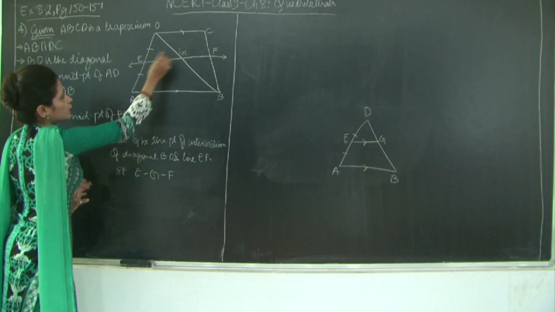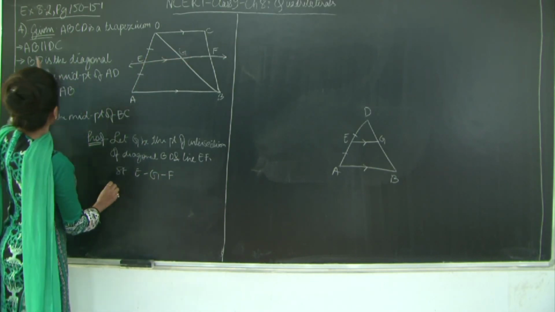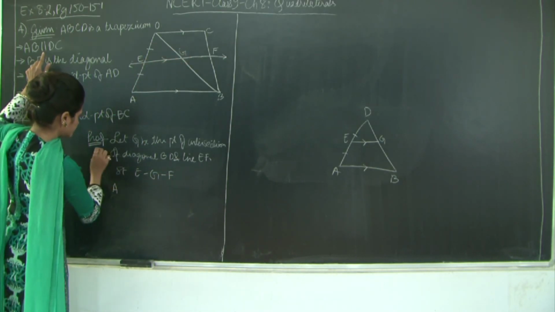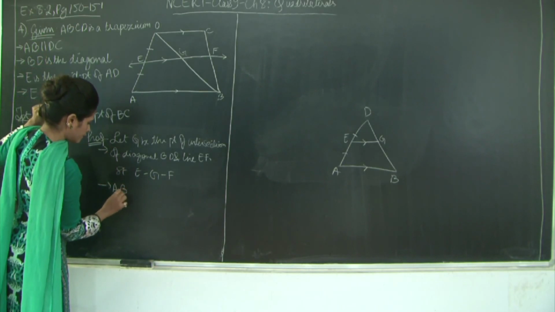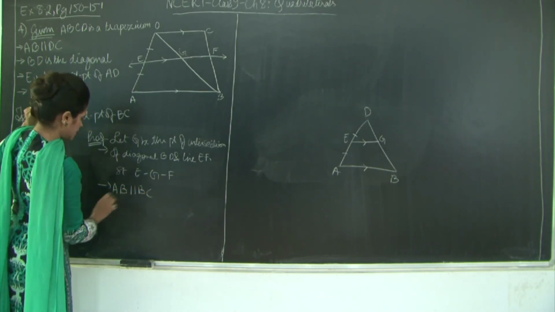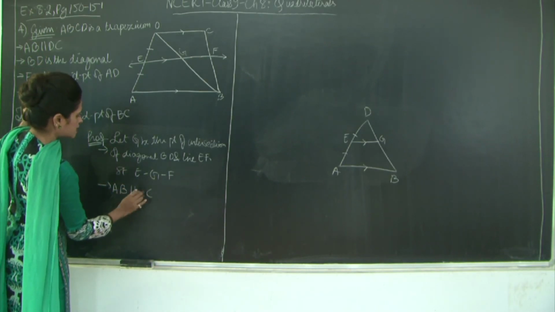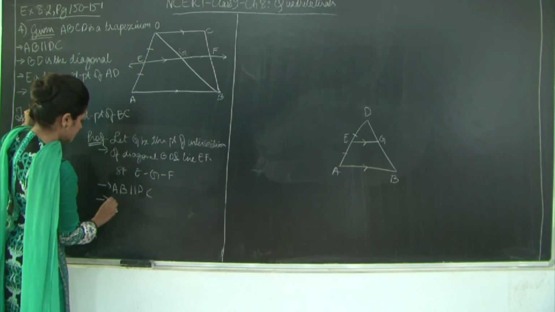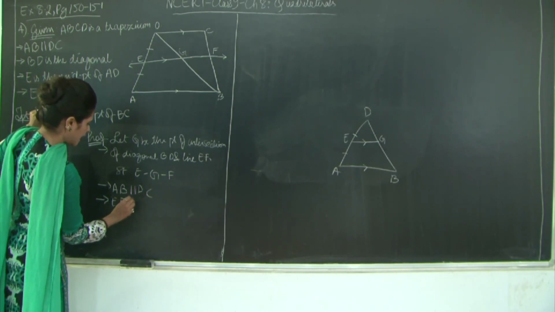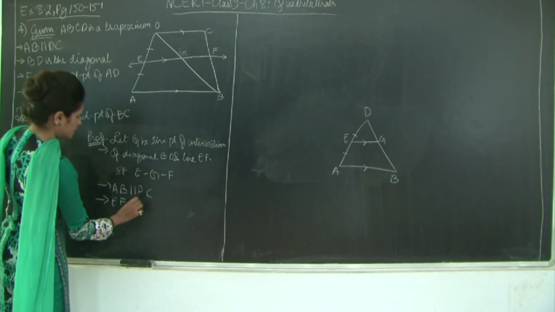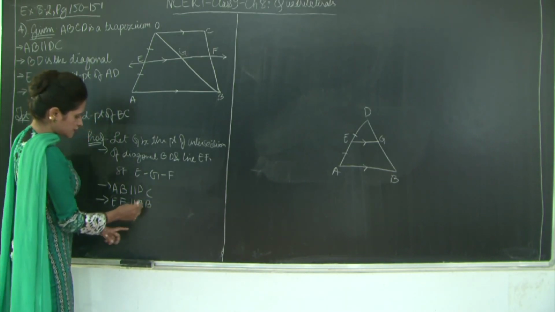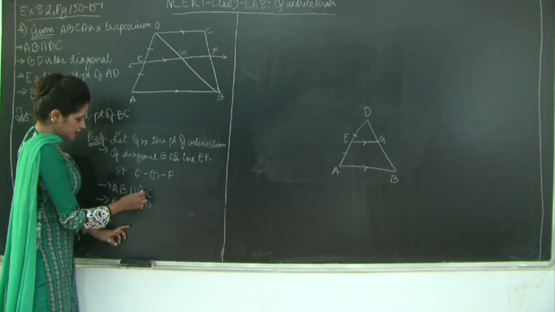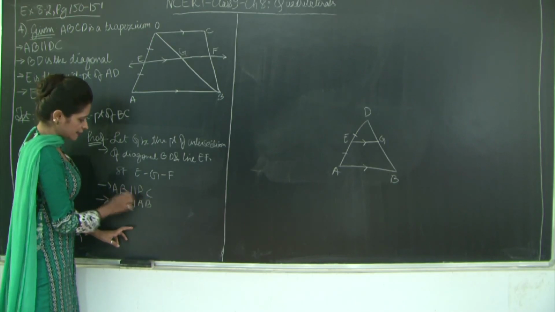Again, now we have been given that AB is parallel to DC and EF is parallel to AB. So, see, we have different lines parallel to AB out here.